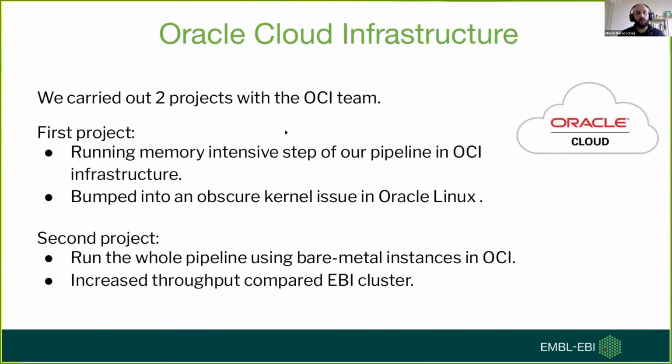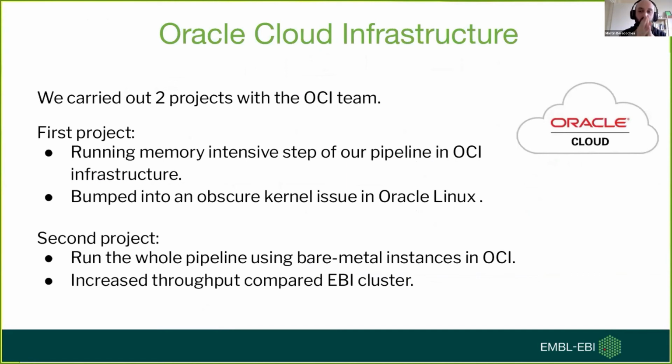But also, when you run things on the cloud, you would expect everything to be great, and then you run things and you get your output and everyone's happy. No, that's not the way it worked for us. We, for example, ran two different projects with Oracle Cloud Infrastructure.